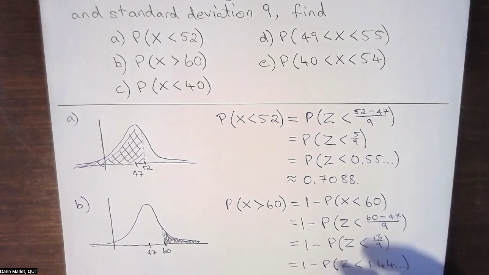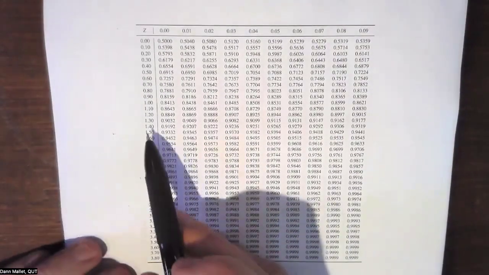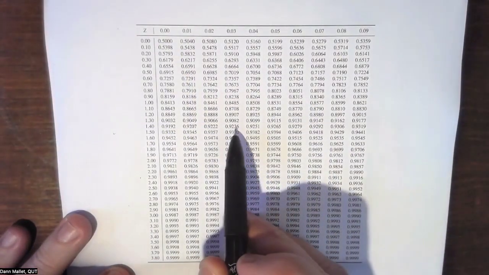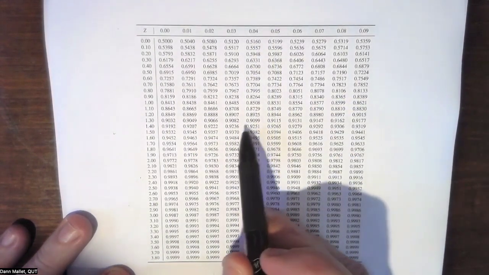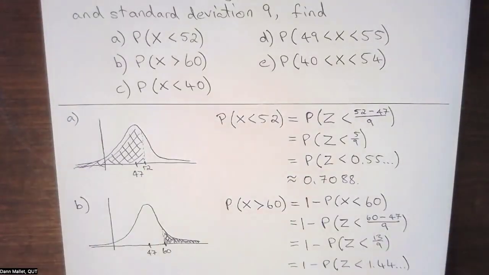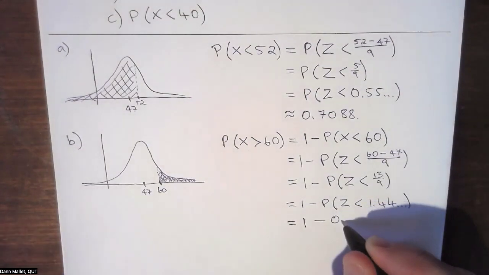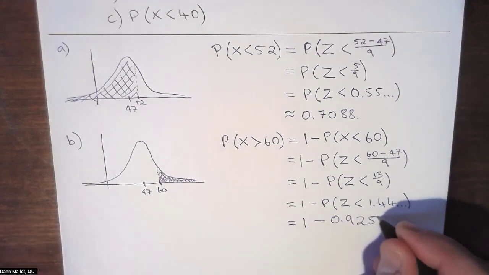Okay, so now we're at a place where we can go to the table and figure out what this probability is. So we need to go to our standard normal table. The probability that z is less than 1.44 is going to be 0.9251. Jumping back to our problem: 1 minus 0.9251.